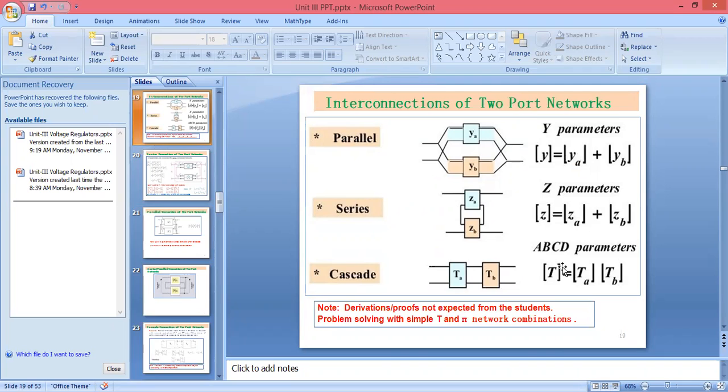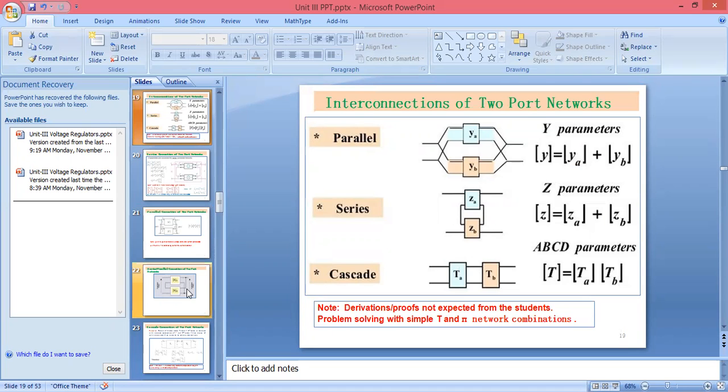That means the output of port A will be used as input for port B. But what will be the difference? The output current for port A will be IA, that will be in the outgoing direction. And the input current for port A is the incoming one. So here we have to take the incoming current as positive and the outgoing current as negative. So when we are making the cascade combinations, we can connect one port after another.